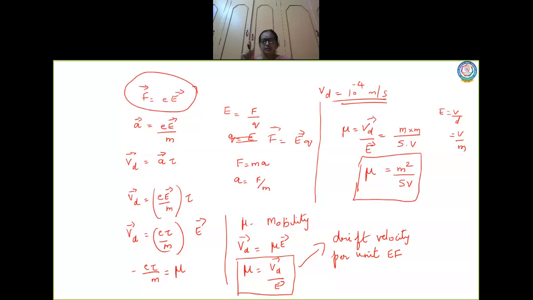When one electron starts experiencing the force, that is instantaneously transferred to all the electrons, and this transfer of energy takes place with the speed of light, which is very fast. You know the value of the speed of light, which is 3 into 10 power 8 meter per second. That is the speed at which the energy is transferred from one electron to the other.